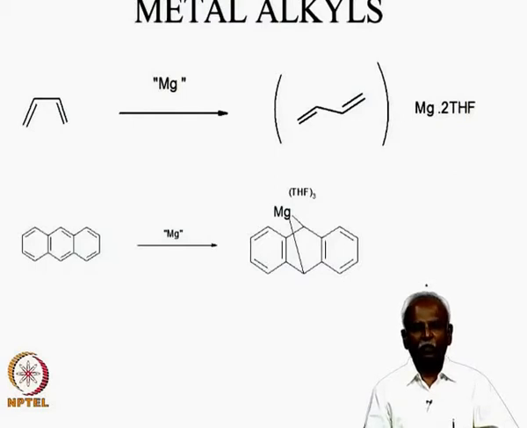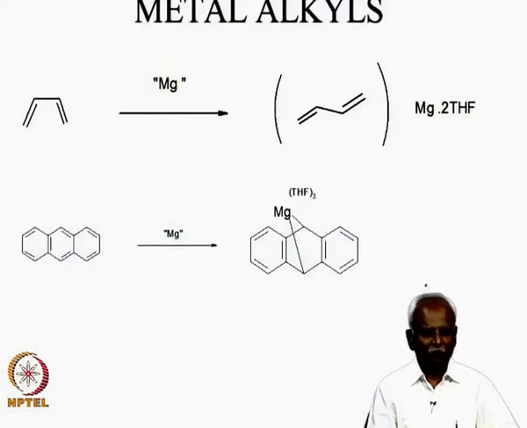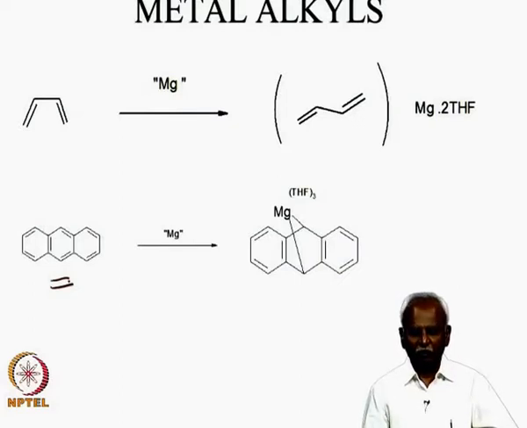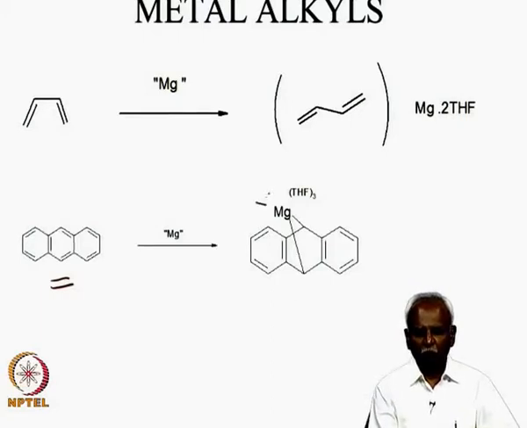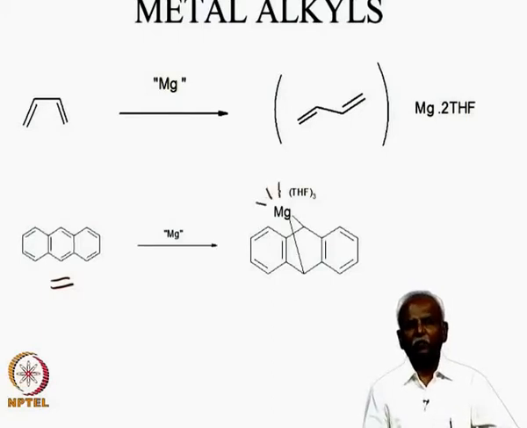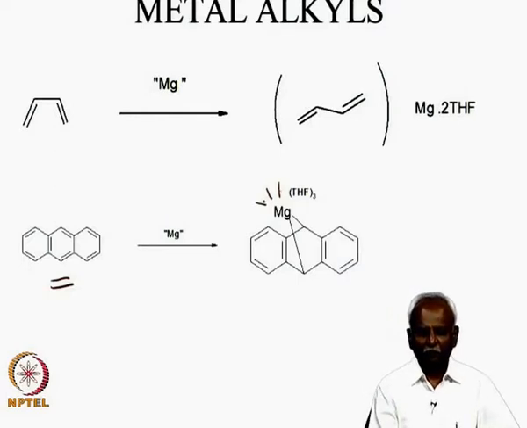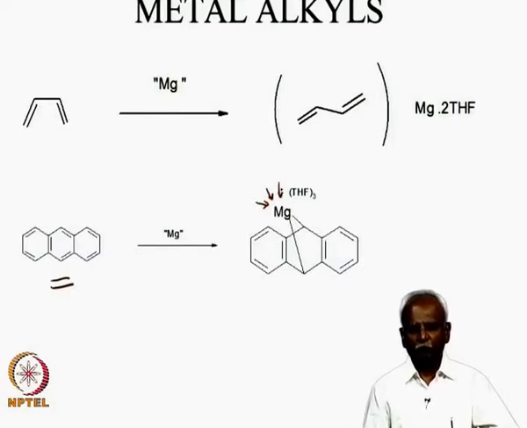In the case of anthracene, the central ring is less aromatic, and so it can complex to this Rieke magnesium in such a fashion that 2 carbon-magnesium bonds are formed, and you can have 3 THF molecules coordinated to the magnesium. The oxygen of THF coordinates to the magnesium, and this coordination stabilizes the magnesium, which is now complexed to the anthracene moiety.